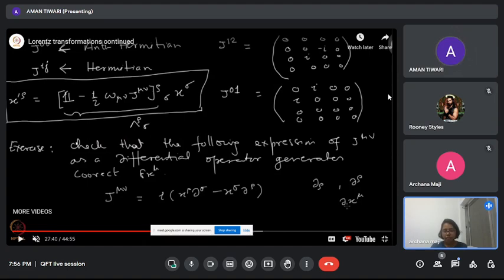That is equal to the 4 by 4 matrix lambda rho sigma acting on another 4 by 1 column matrix with entries x0, x1, x2, x3. You can think of it in both ways.